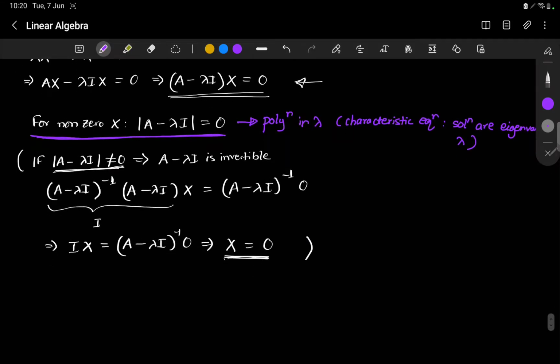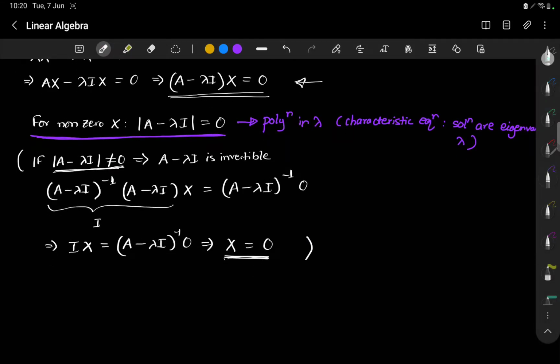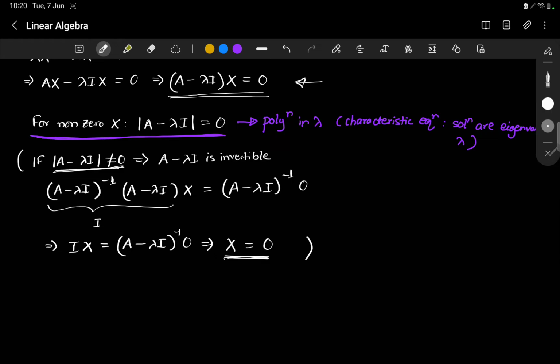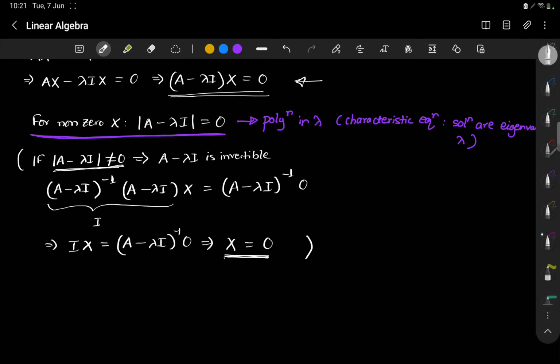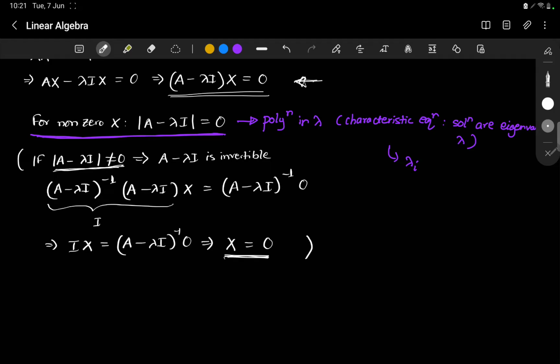And once we get the eigenvalues, let us say we find one particular eigenvalue from here, lambda i. Then we will go back to this equation right here and substitute in lambda i.